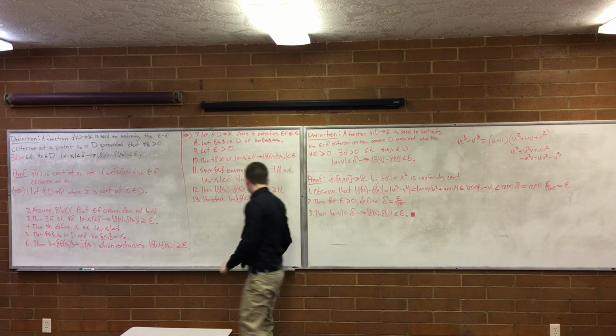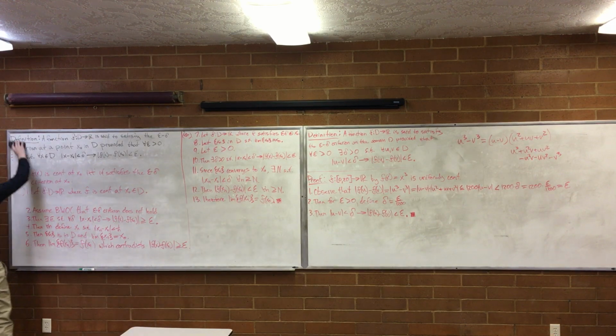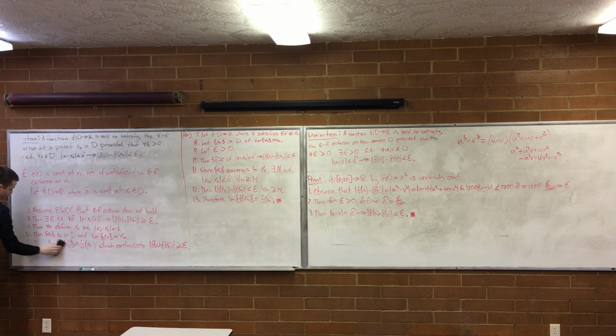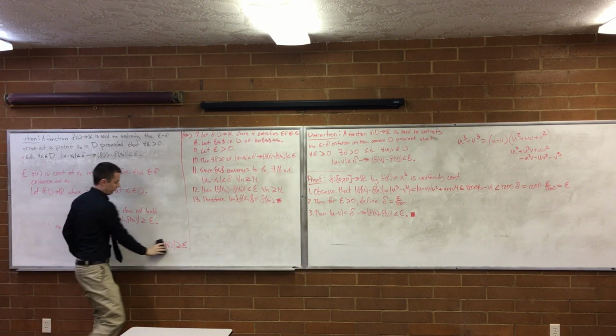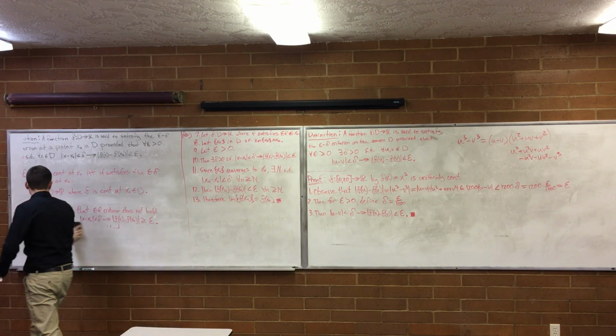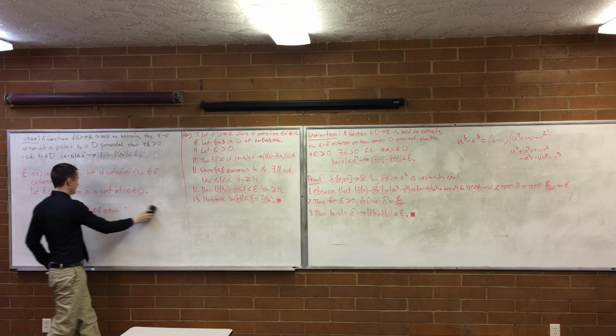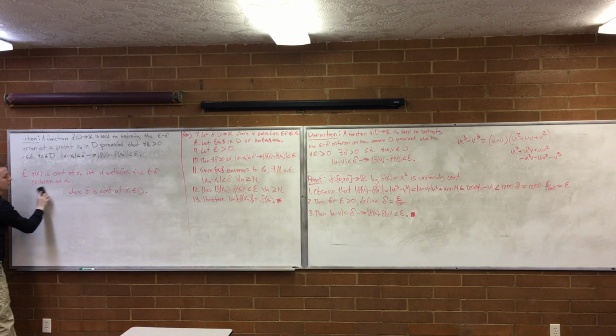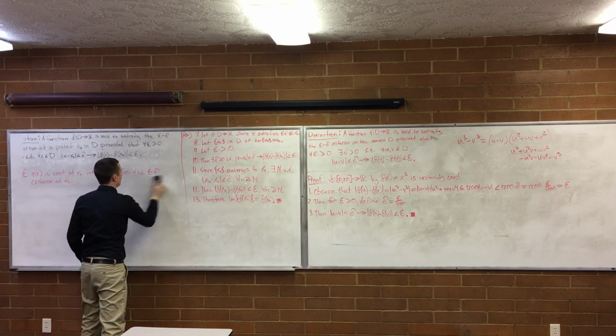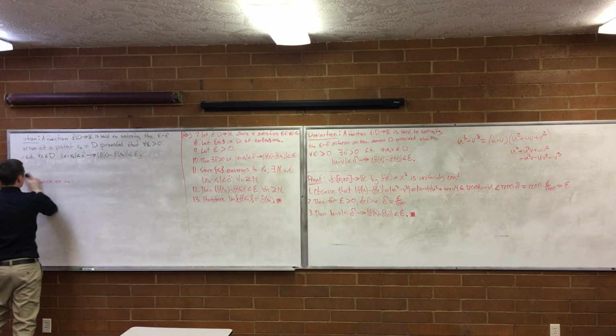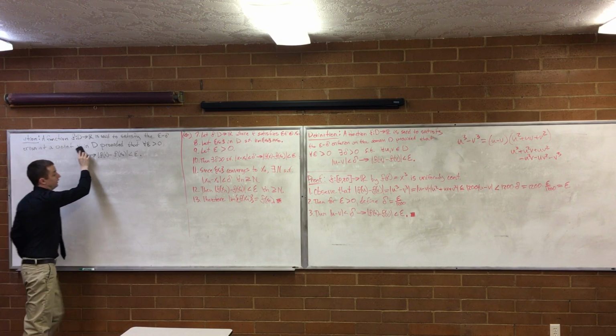So moving on to 3.6. We start off talking about a monotone function. Now we've talked about a monotone sequence. What's a monotone sequence? It's when it's either step-by-step increasing or step-by-step decreasing, or staying the same.